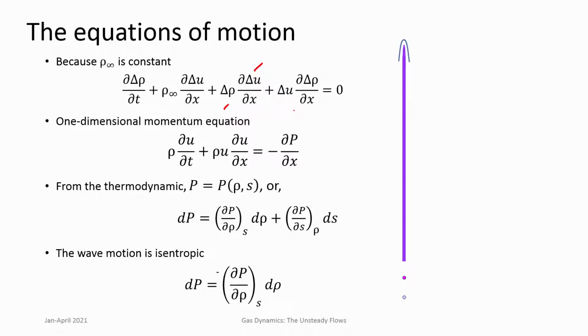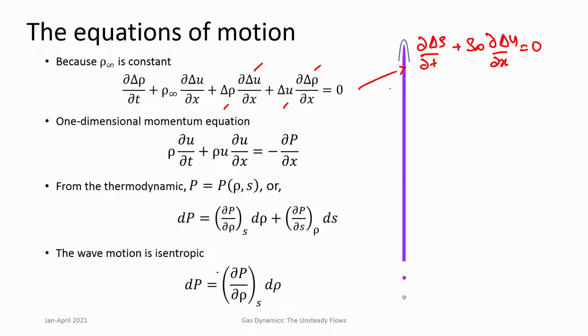So this yields basically ∂(delta rho)/∂t plus rho infinity ∂(delta u)/∂x equal to 0. This is what this equation yields.